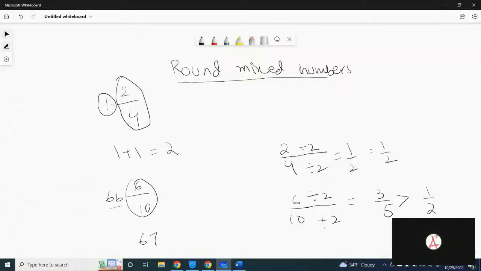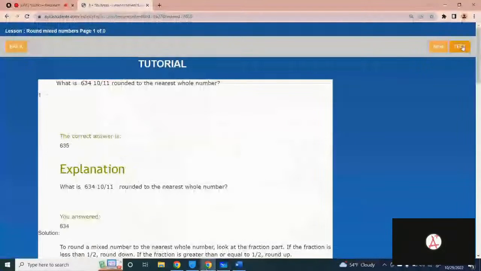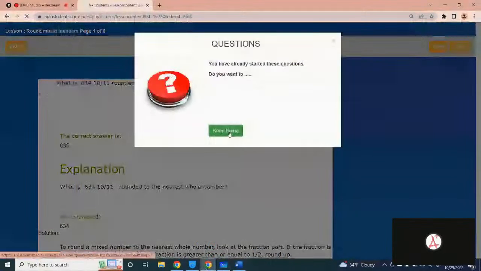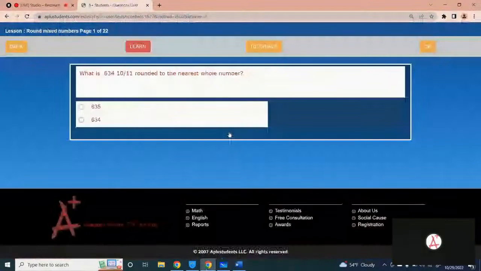Okay, let's just start with the test. The first one is: what is 634 whole 10 over 11 rounded to the nearest whole number?